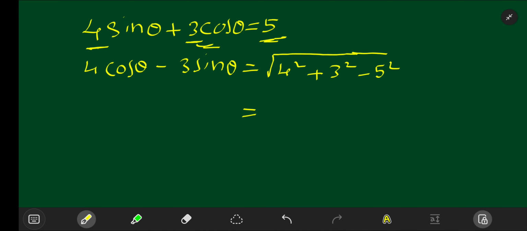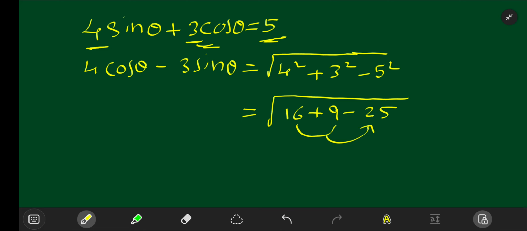Solve this one, you will get the answer. 4 square is 16, 3 square is 9, minus 5 square is 25. 16 plus 9 is 25. 25 minus 25 is 0. So, the answer for this question is 0. Simple, no?